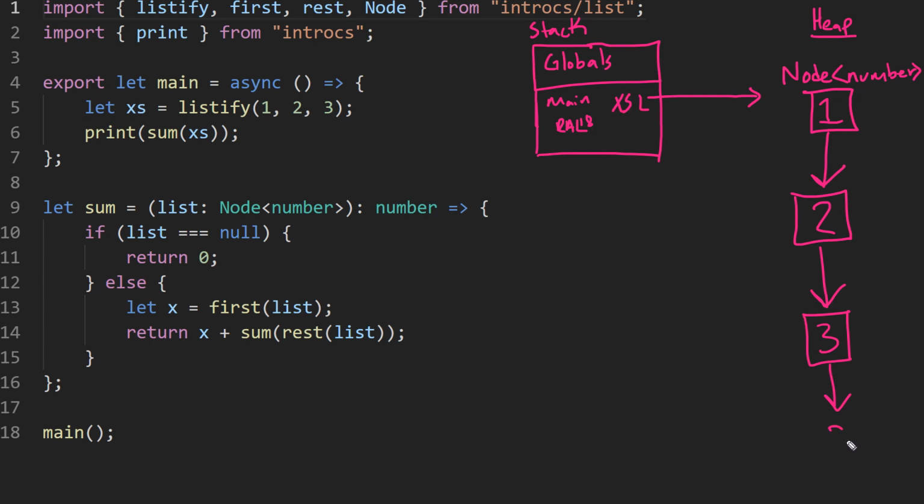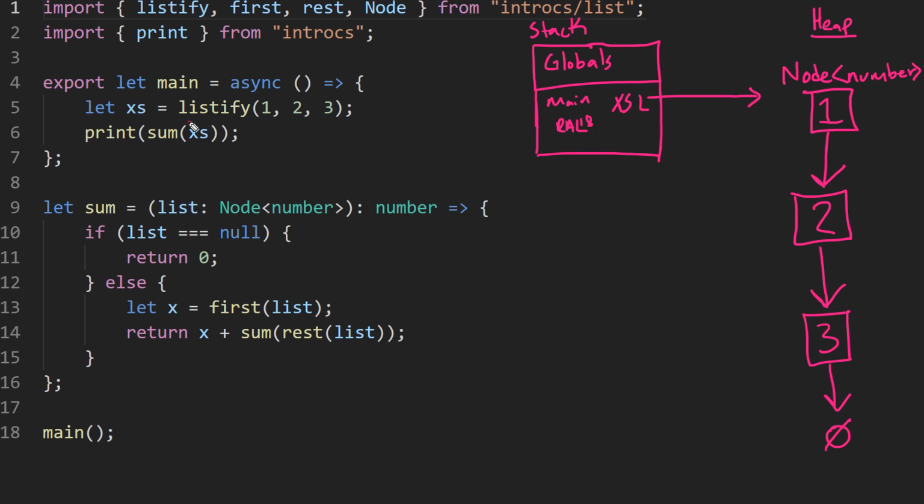Other perfectly fine ways of representing this, I could have just drawn 0 with a slash through it, and that's fine too. Right? We don't need to write node of type number for each of these other node entries because it's implicitly got to be that, right? If the first node is node of type number, the next node and all nodes that follow must also be of that same concrete type.